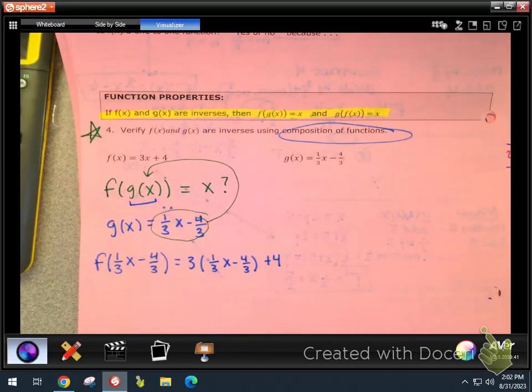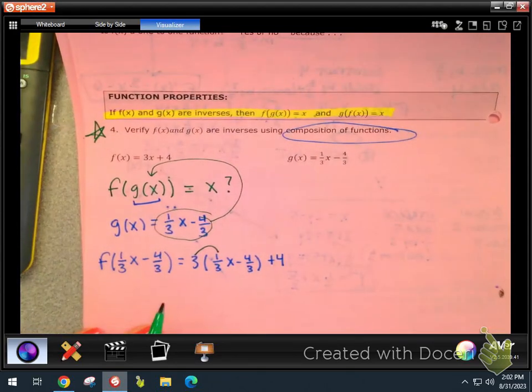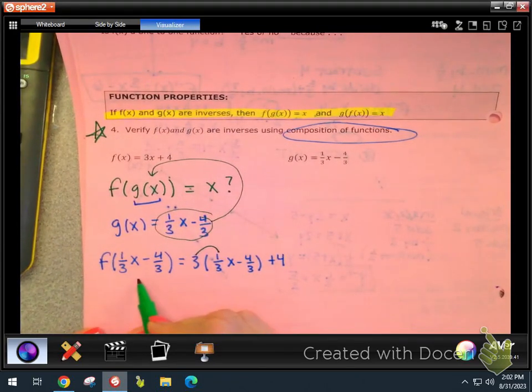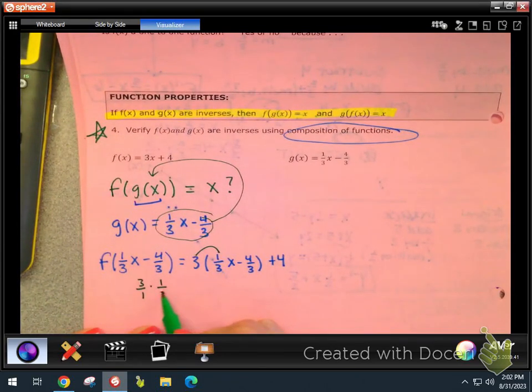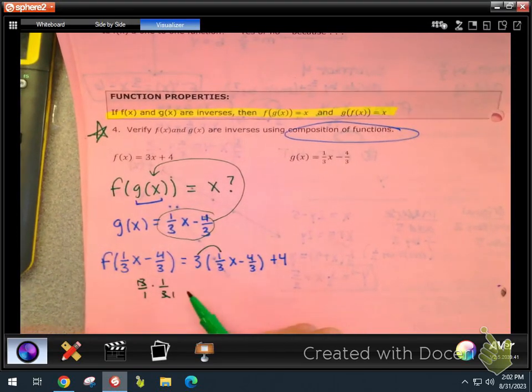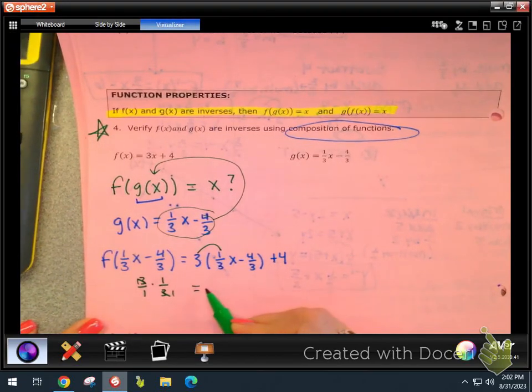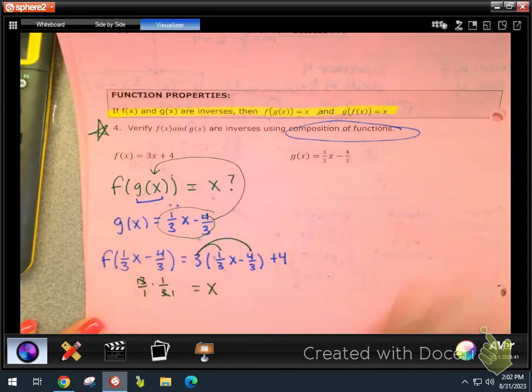So this is what we did last time. I know it looks a little crazy. We're just going to clean it up. I'm trying to make sure they're equal to x. 3 times 1/3 x. Again, check the cross thing: 3 over 1 times 1 over 3. What happens to your 3's? They simplify to be 1. Cancel, but we say simplify. So this becomes 1x. 3 times negative 4/3: 3 over 1 times negative 4 over 3.